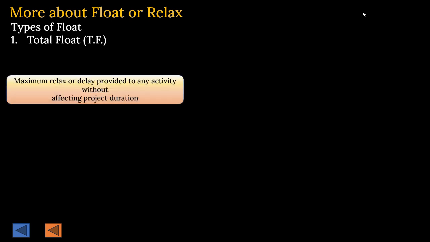The maximum relax or delay provided to any activity without affecting the project duration. That is known as the total float. We'll take one example very shortly and try to make you understand it very clearly.